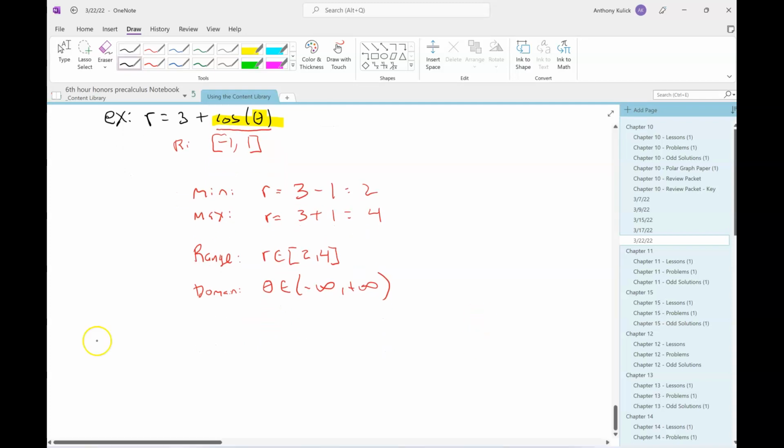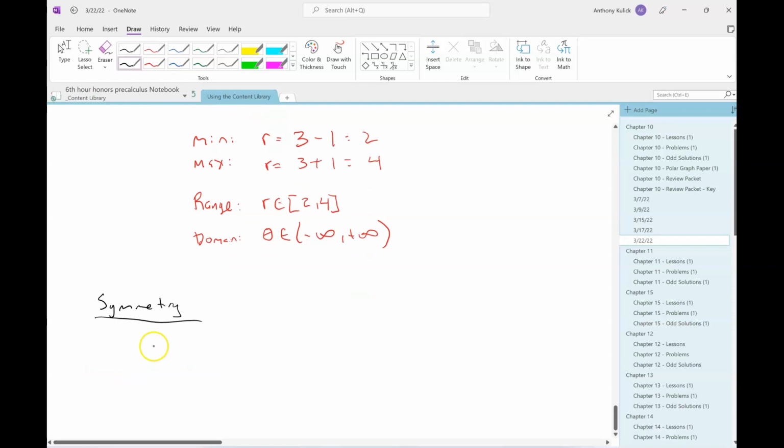All right. So the thing we haven't talked about here is symmetry. We're going to see 3 types of symmetry. So you have x-axis symmetry, you have y-axis symmetry, and then you have rotational symmetry, and we'll say specifically with respect to the origin.